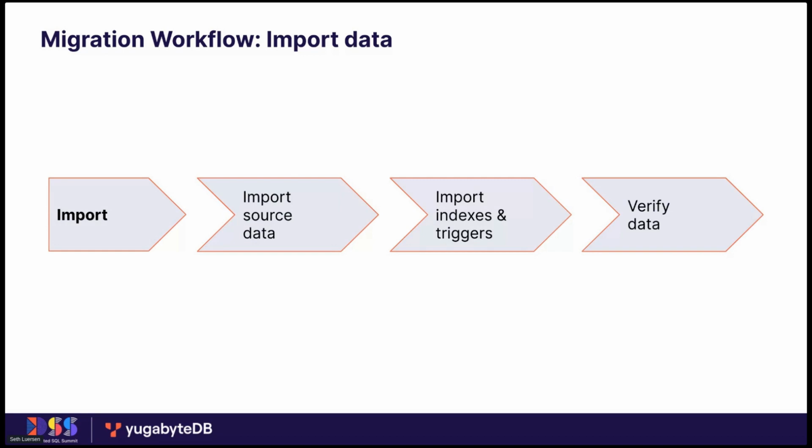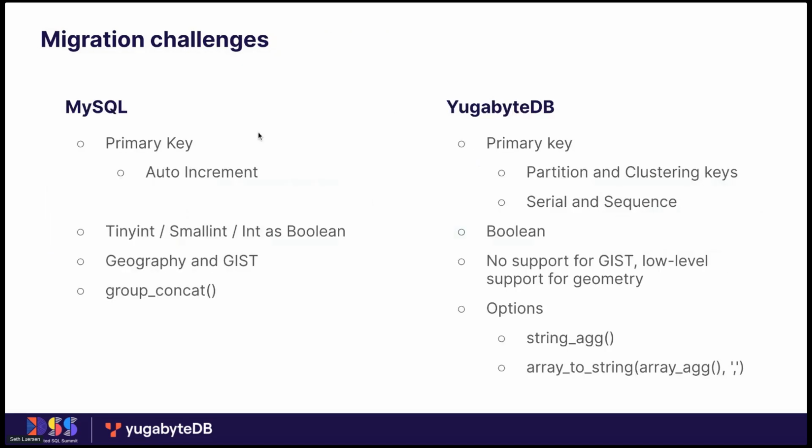We'll import indexes and triggers if we need to, and then we'll verify the data and make sure it works, right? So it's pretty straightforward in terms of a migration plan. There are some challenges that we're going to face with migration from MySQL to YugabyteDB, highly available PostgreSQL. And we'll point these out as we go through the hands-on workshop in the Gitpod environment.